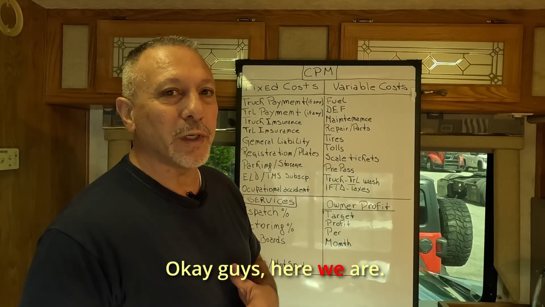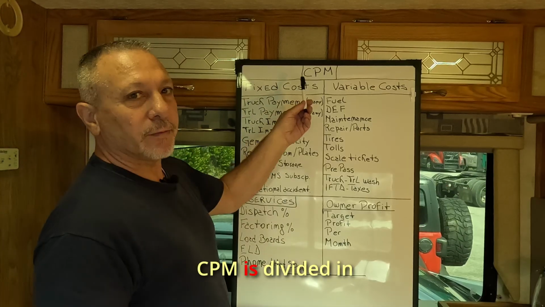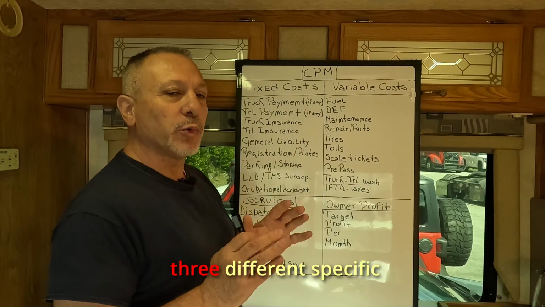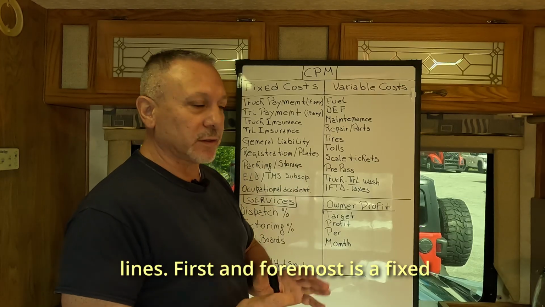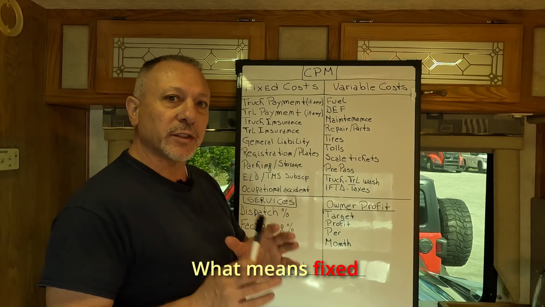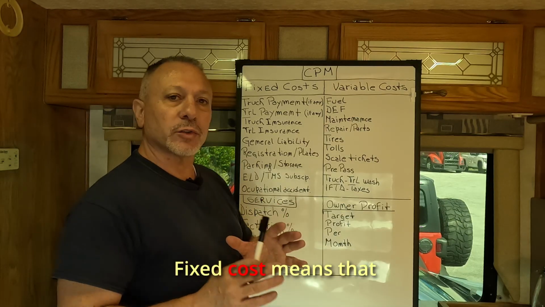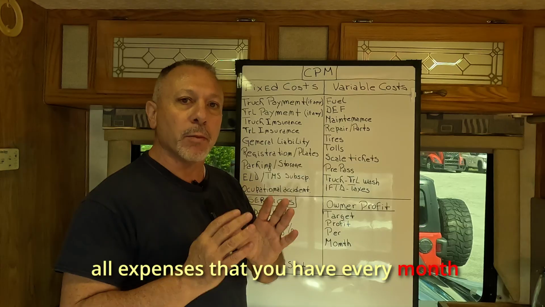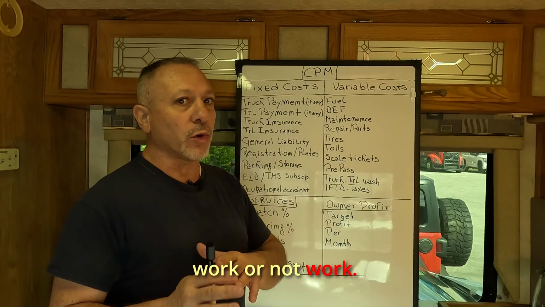Okay guys, here we are. CPM is divided in three things. Three different specific lines. First and foremost is fixed cost. What does fixed cost mean? Fixed cost means all the expenses that you have every month, work or not work.